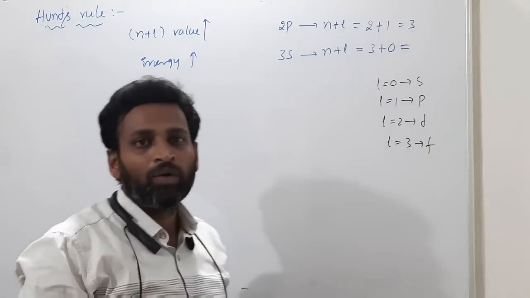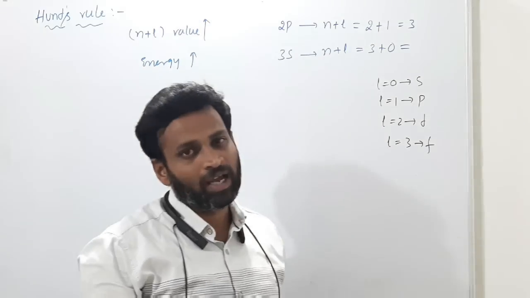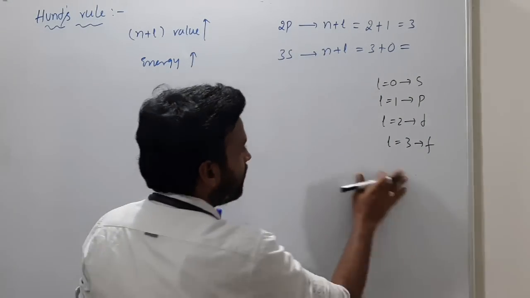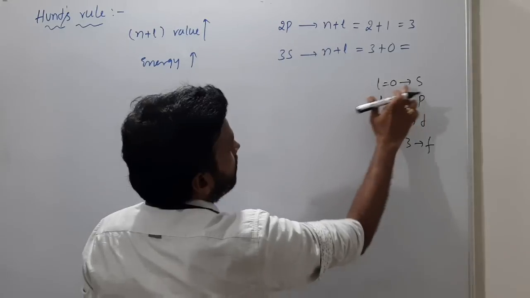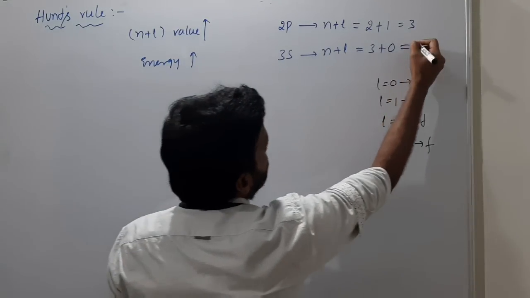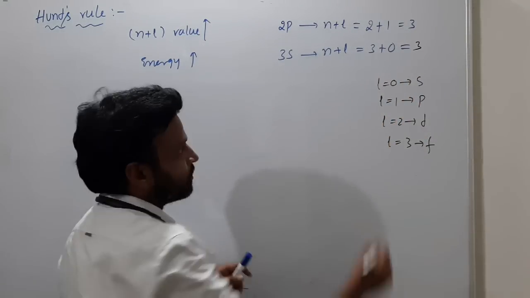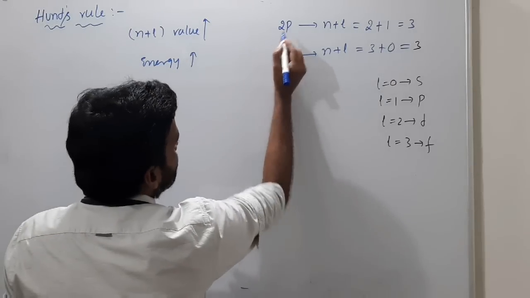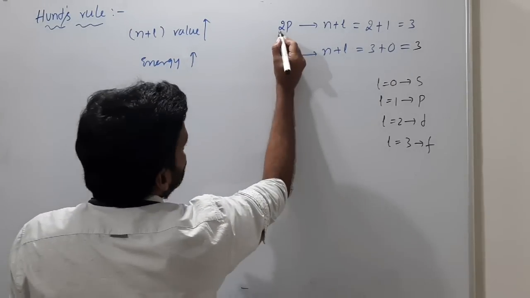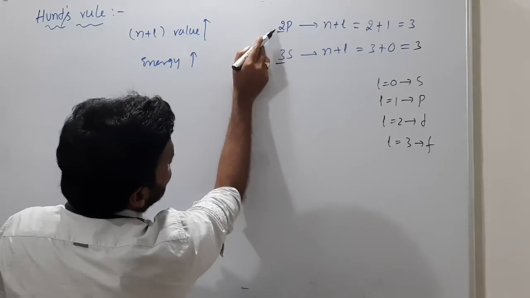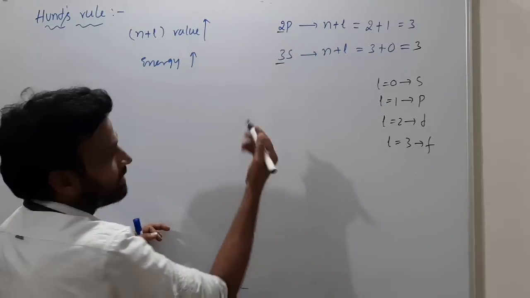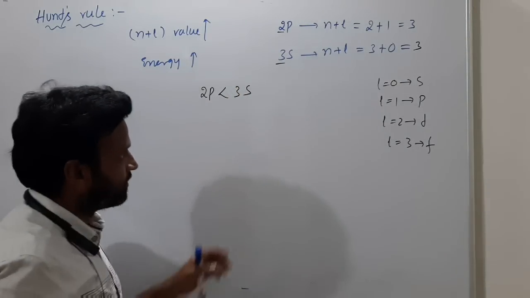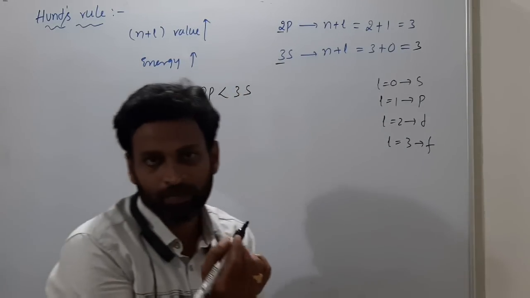Many times I told this, and a few people really feel bored. I'm sorry, but we have to know all these things. So for s subshell l is 0, so 3 plus 0 is 3. If both have the same n plus l value, we have to look at the n value. Whoever has the least n value will have less energy. That means 2p has less energy than 3s, so 3s is more energetic.